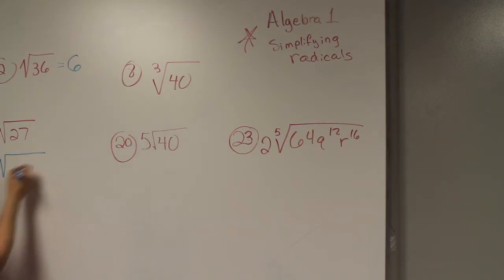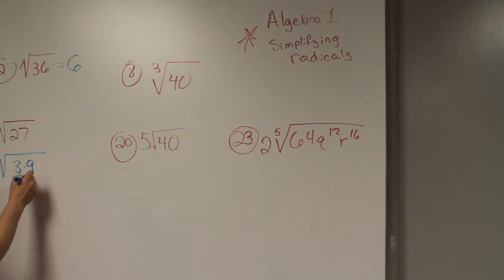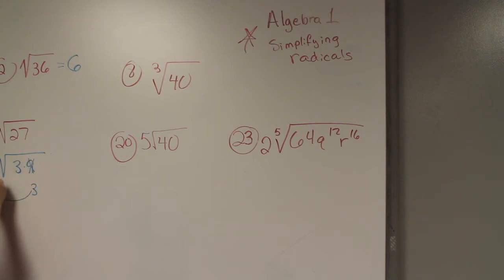I will break this down into 3 times 9. 3 times 9 is still 27, so it's still the same thing, but 9 has a perfect square, and since I'm dealing with a square root, I can take the square root of 9, which is 3, and bring it to the outside, and whatever number's out here, it multiplies. There's a 1 there, so that is a 3. And then this one has to stay, so my answer is just 3 radical 3.